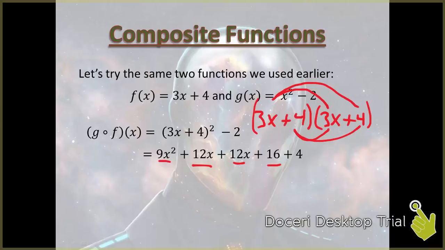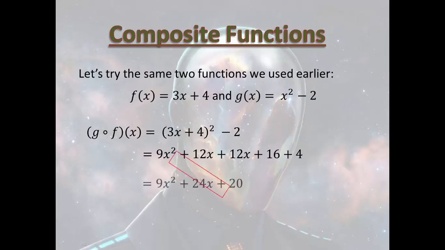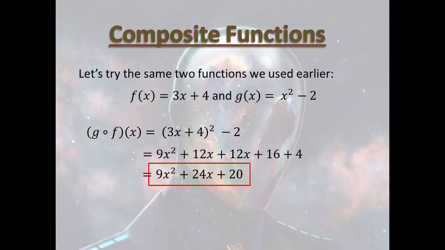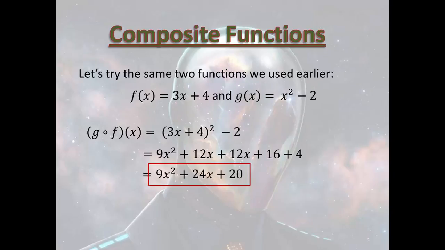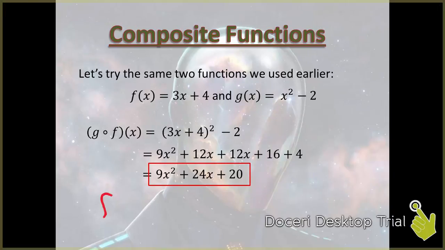That's where that all came from. And simplify it as best you can. So the final answer for g of f of x is 9x squared plus 24x plus 20. So you should notice right away that f of g does not necessarily equal g of f.